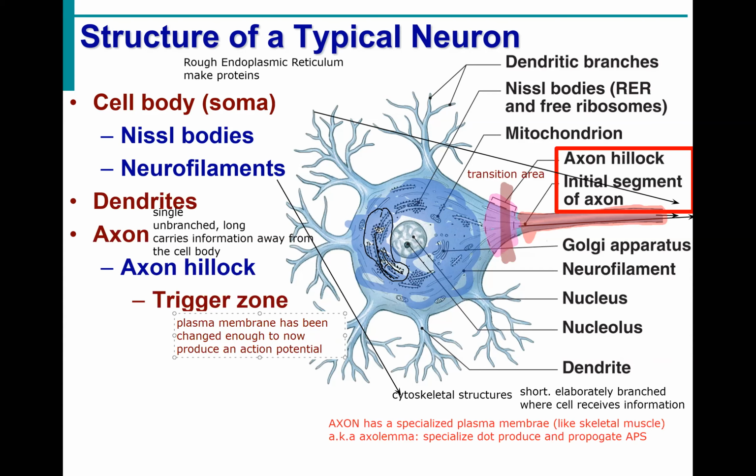And so basically, this is the first location on our neuron where we can produce an action potential, and that first location is what is known as the trigger zone. So inside the Axon Hillock is an area called the trigger zone, and this trigger zone is where we can produce our first action potential.